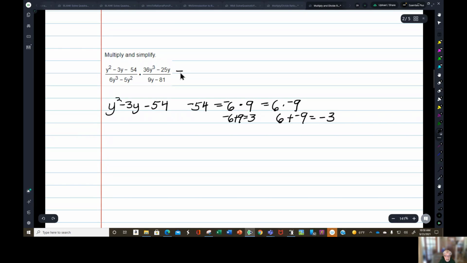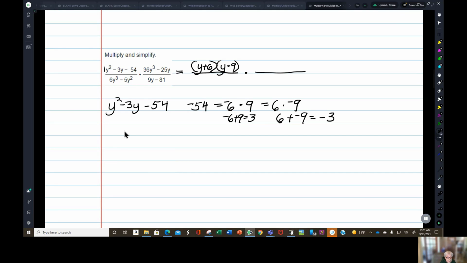Why don't I go up here right now and take care of that before I forget? All right, parentheses. See, y is 1 here. So we're using the a equals 1 method. y, positive 6, so plus 6, negative 9, so minus 9.